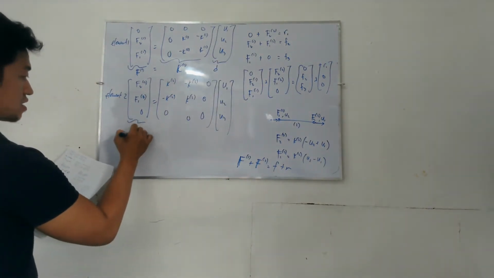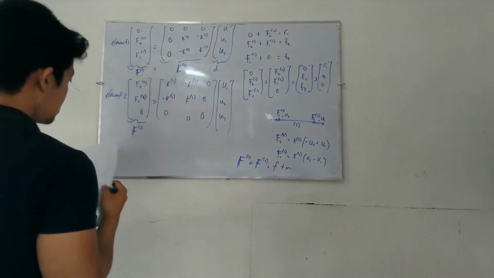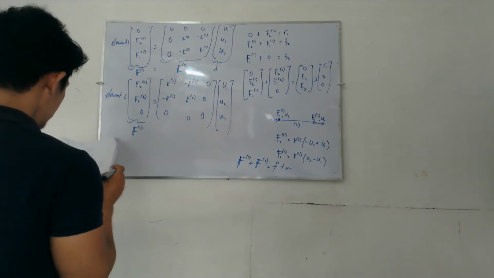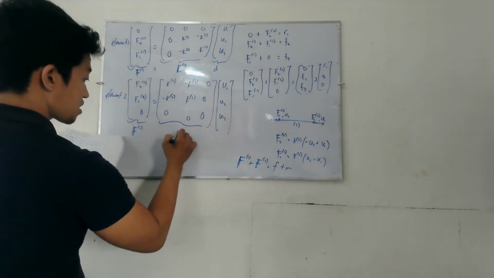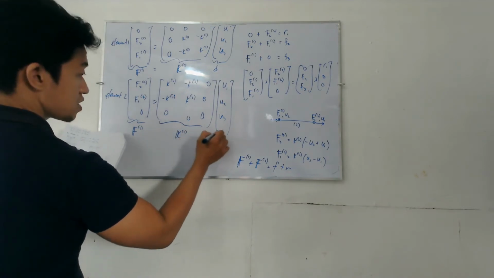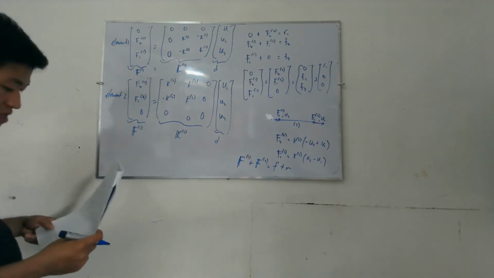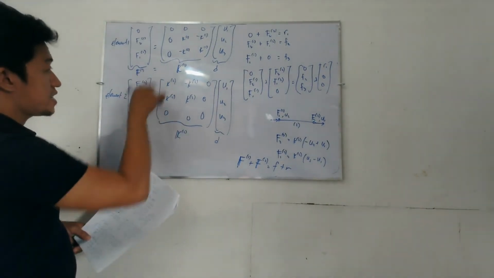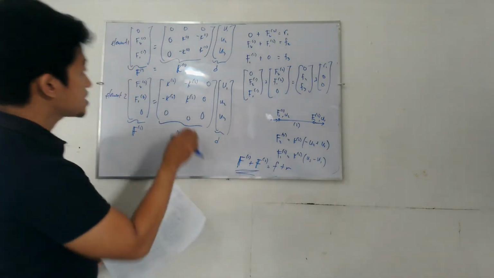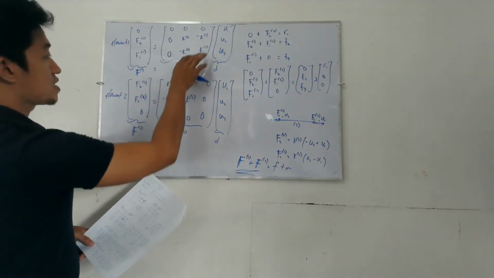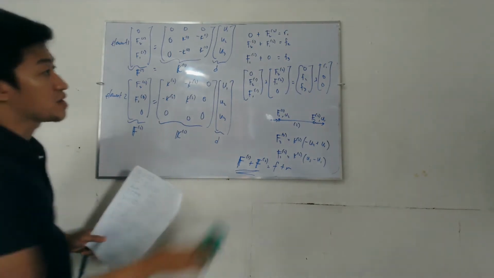This is your element force matrix for element 2, k of 2, again this is d. So we add these two.